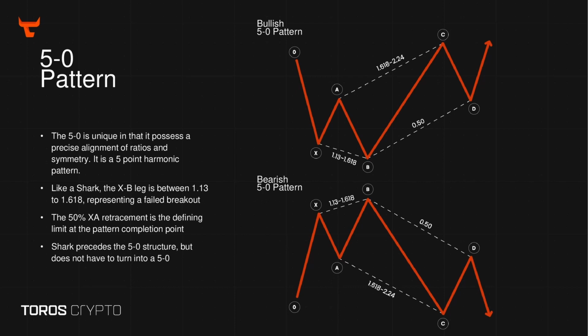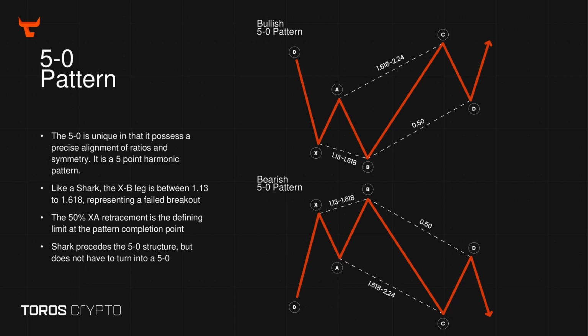So you come down, obviously from this 0 to X leg, up into the A point where there's no real ratio of what that A needs to be. You do have the 1.13 to 1.618 extension, so you're looking for a B point that is greater than the X point, and that is the same as the shark.